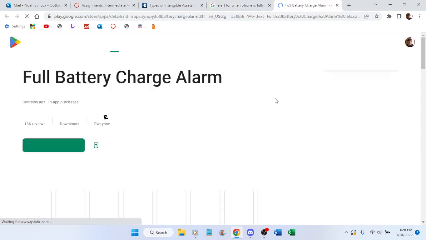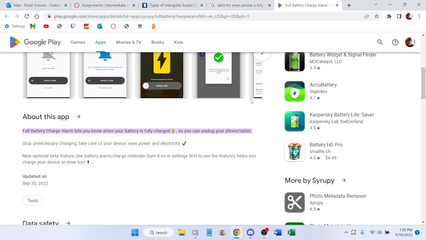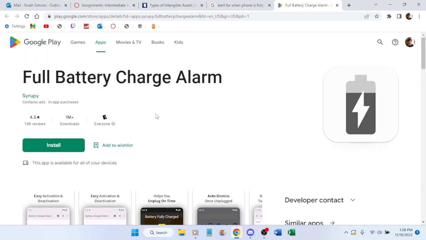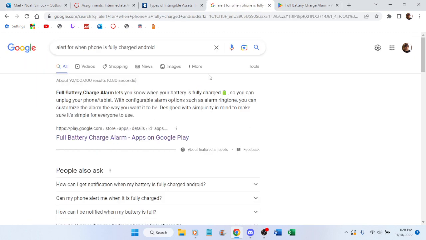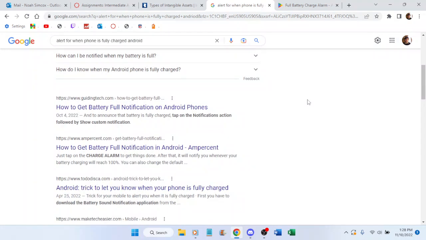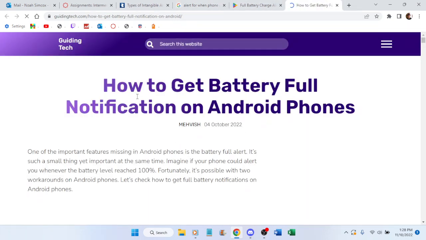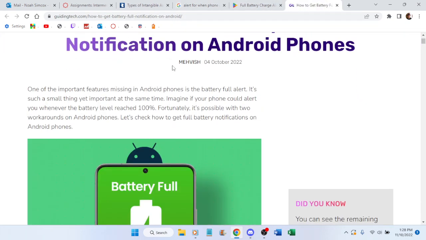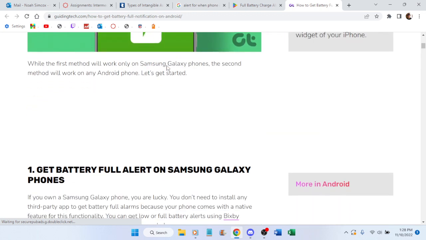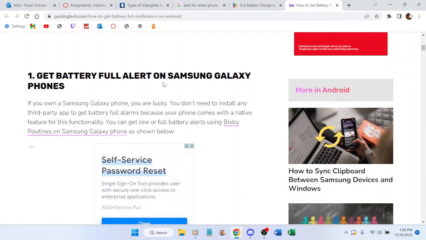It's an app? You have to get a third-party app. Well, there's a third-party app that exists. Maybe I should get that. There's a way to do it without a third-party app. It says it's missing. Well, apparently there's a way to do it. Get battery full alert on Samsung Galaxy.